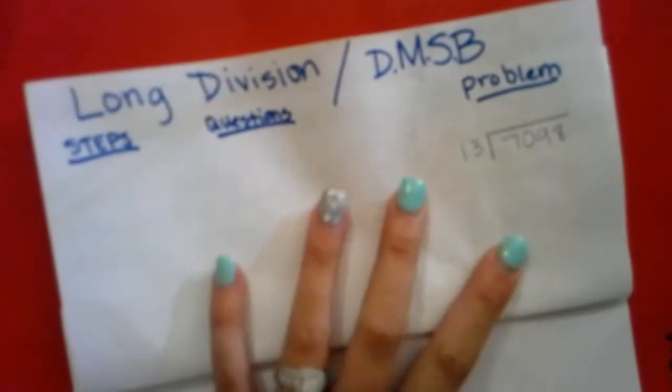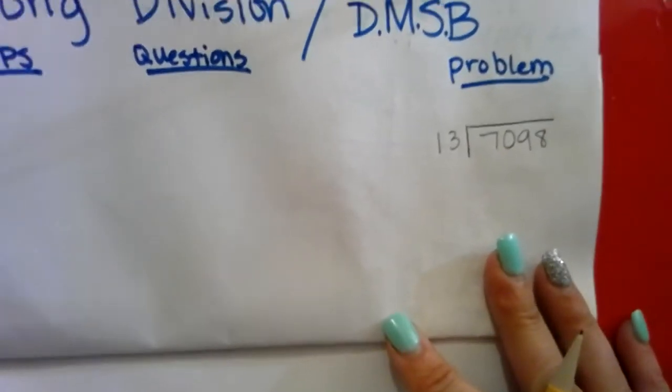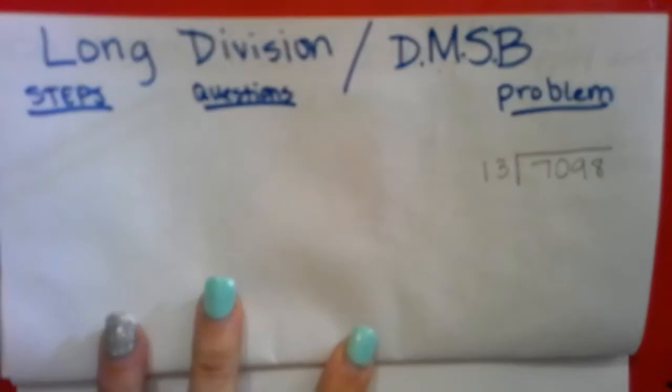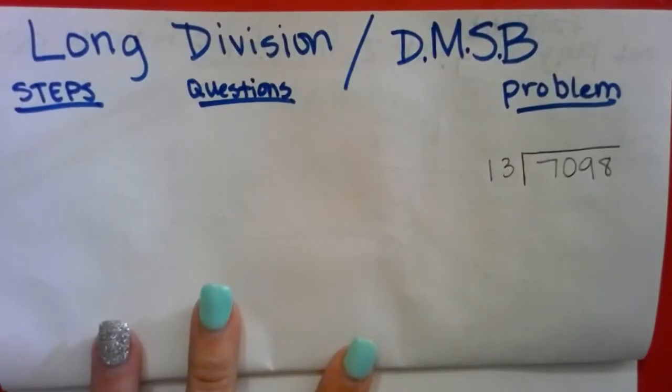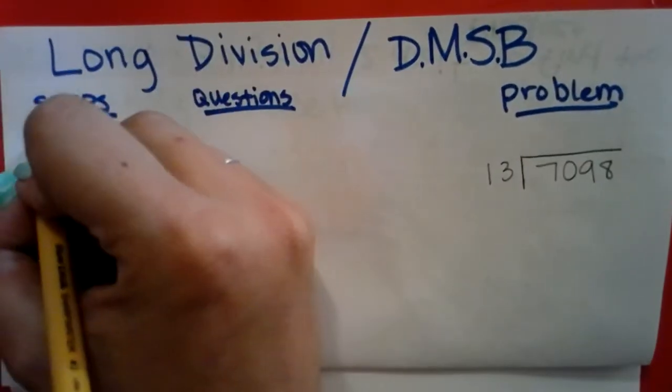Okay? You zoom that in a little bit so it's clear. All right, so 7,098. So step one is going to be to divide.